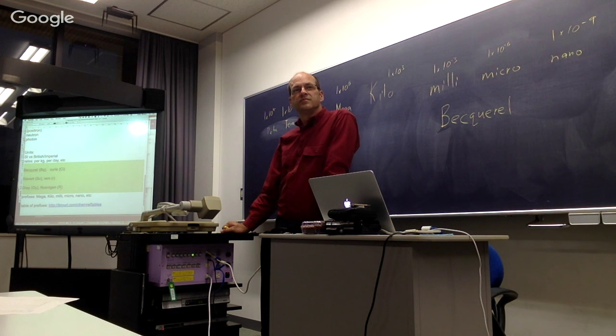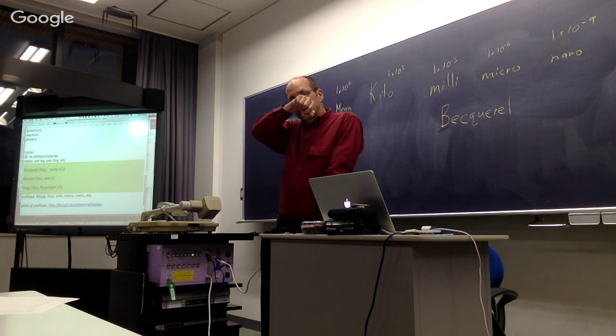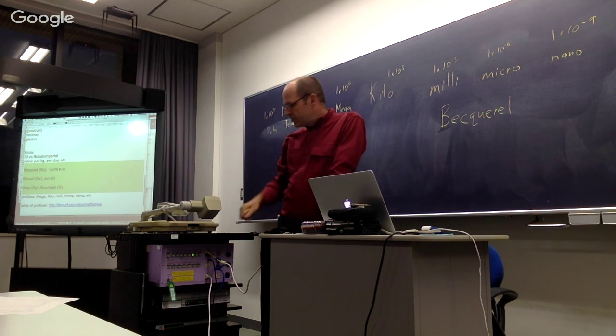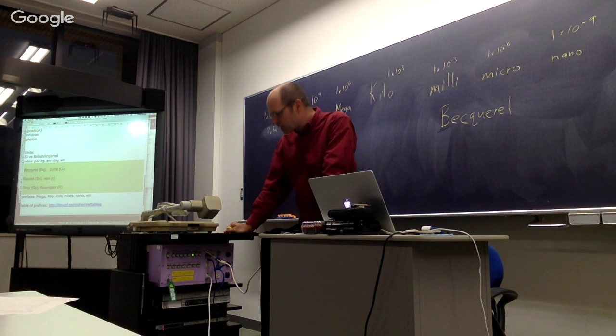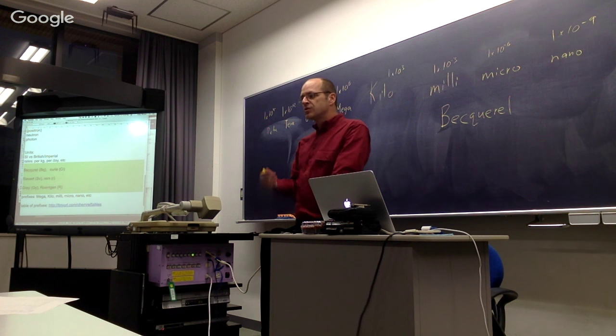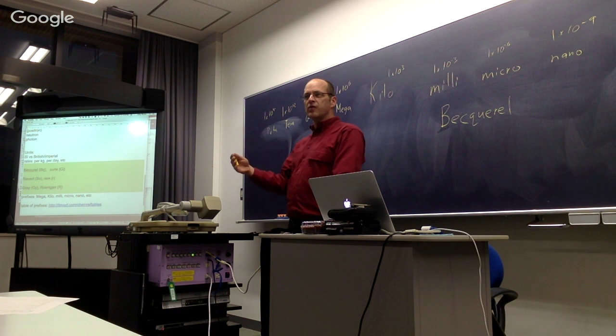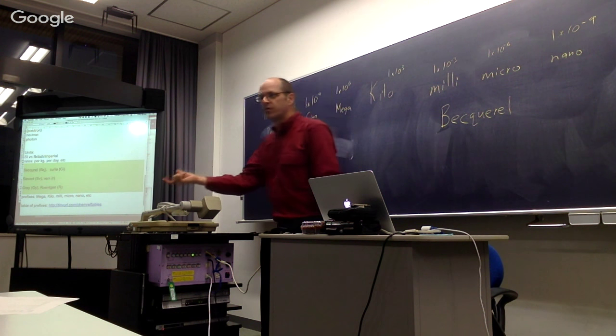So what do we use becquerels for the most when we're measuring radiation? The most common usage of becquerels, we're talking about a quantity of radiation. So when we talk about the standards for cleanup in the exclusion zone, the standards for foods that are allowed to be sold in the market, those are always expressed in a ratio of becquerels to whatever the numerator is.